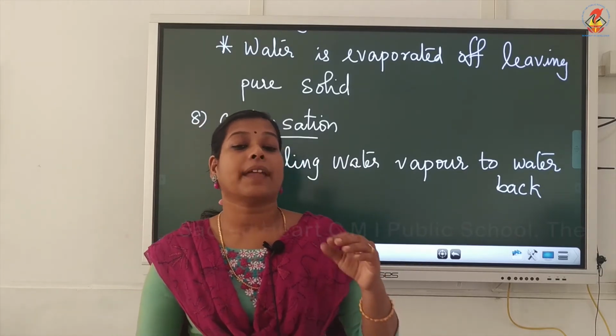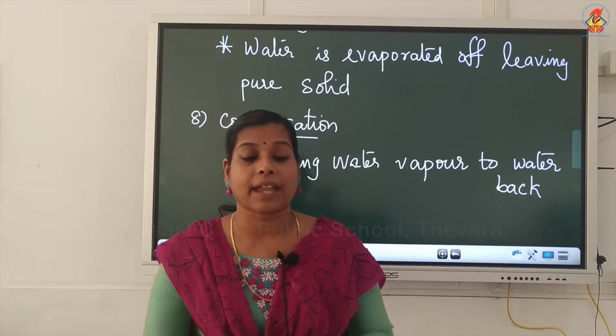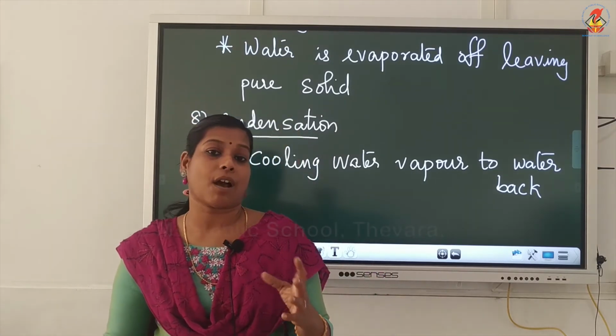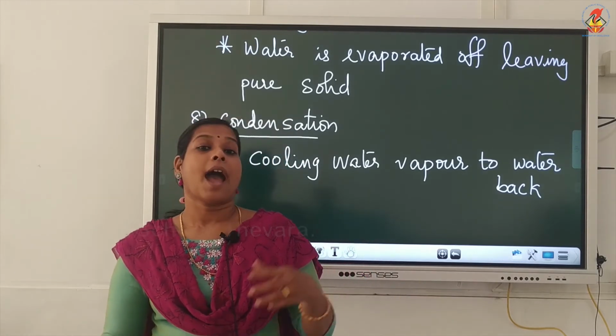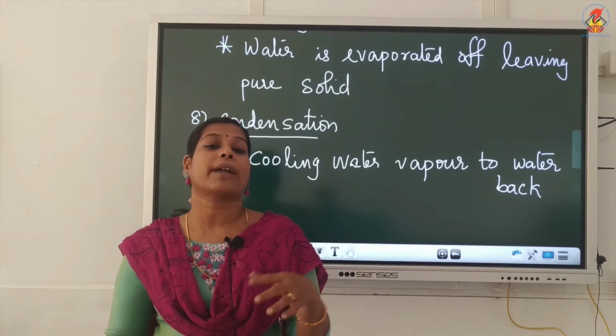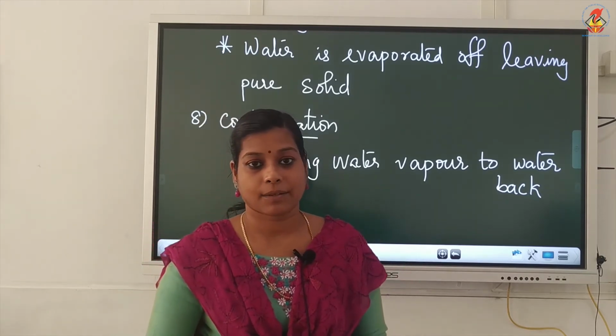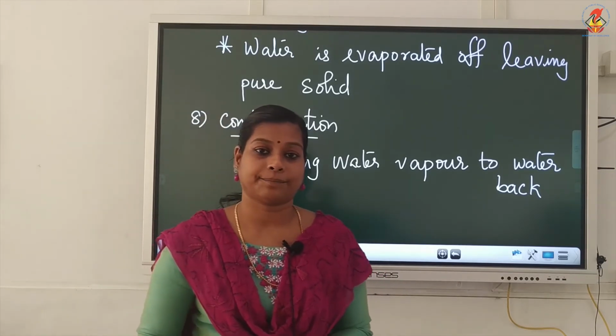Then by absorbing energy from the sun, that water gets evaporated off and salt remains there. After getting that salt, we need to purify it by adopting other methods. After that we can use that salt.